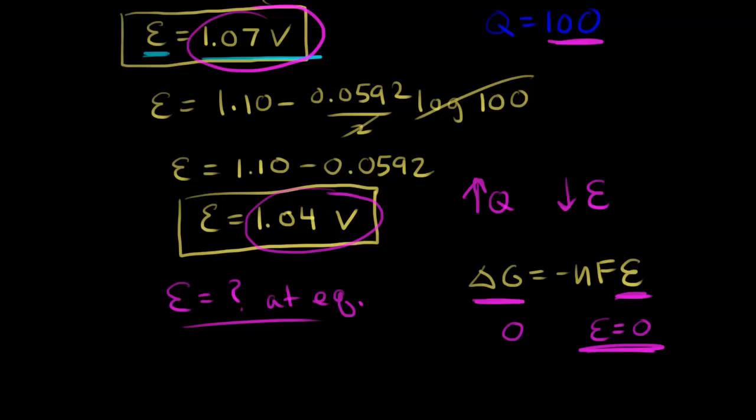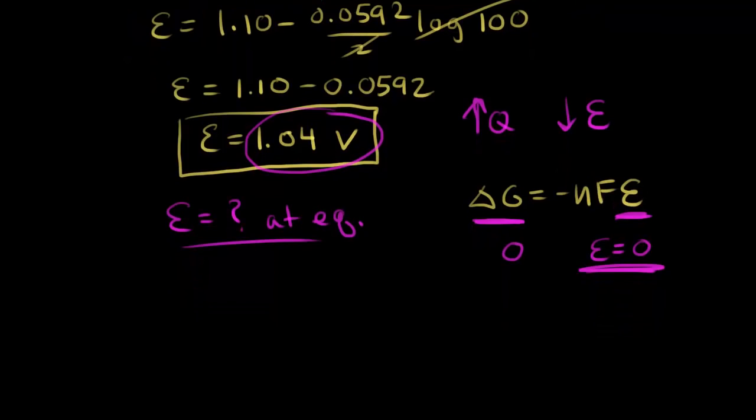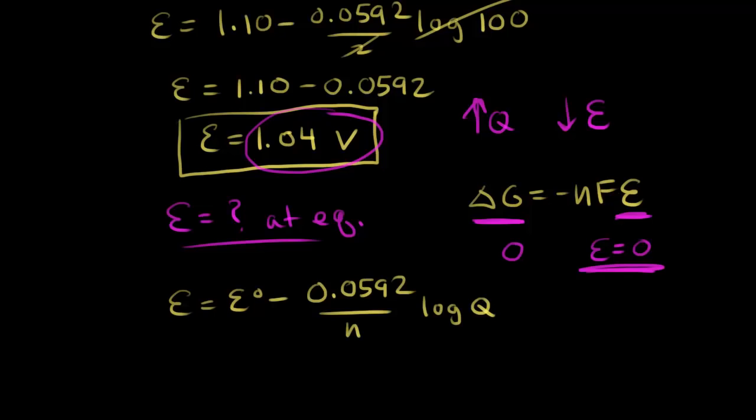So let's think about that. If the cell potential is equal to 0 at equilibrium, let's write down our Nernst equation. So the Nernst equation is E is equal to E0 minus 0.0592 over N times the log of Q. Well, at equilibrium, E is equal to 0. So we plug that in.